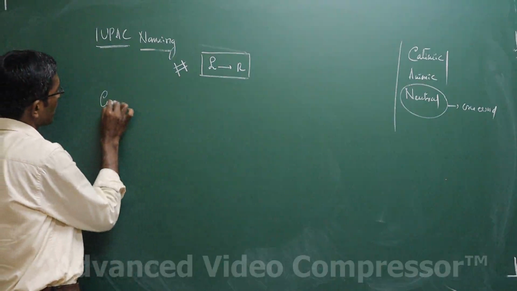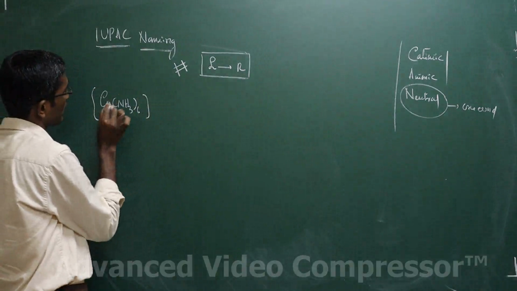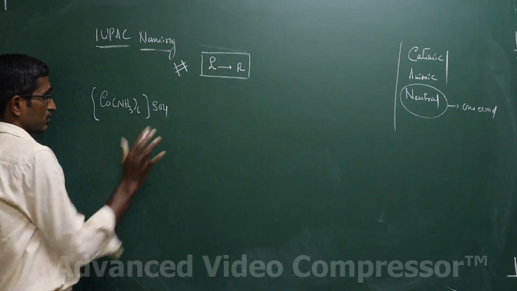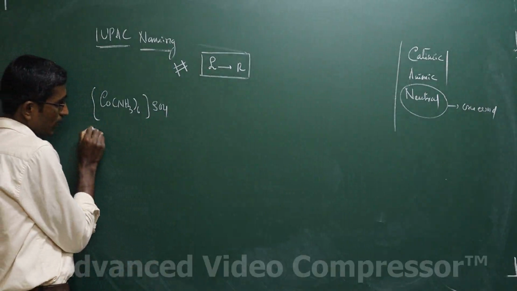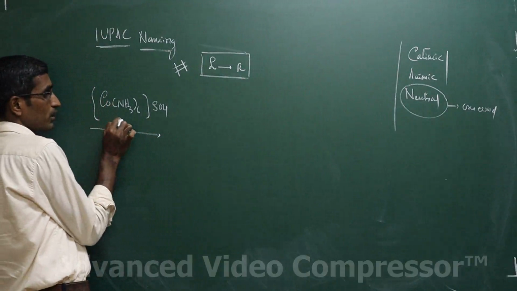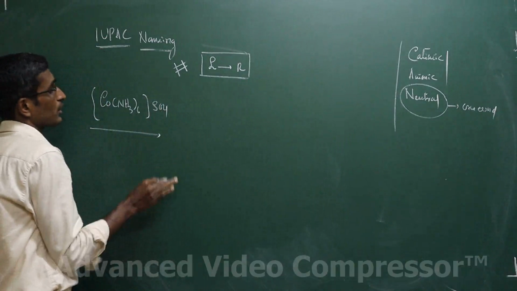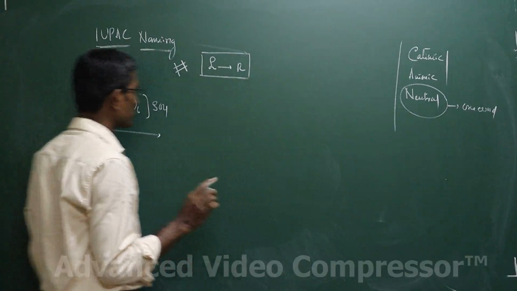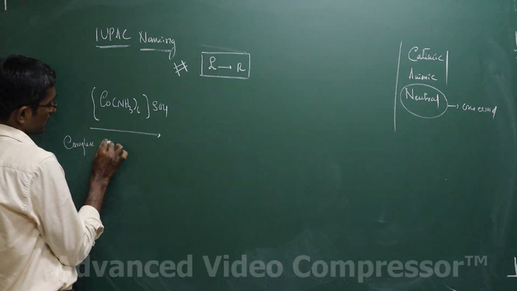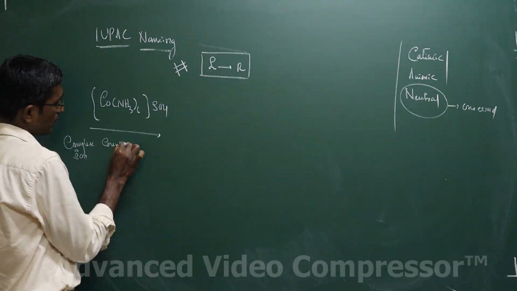For example, if I am having the hexaamminecobalt sulfate complex, what has to be done is you always go from left to right. Which one will you encounter first? Any coordination complex has 2 parts: you have a complex ion, and another one is a counter ion.